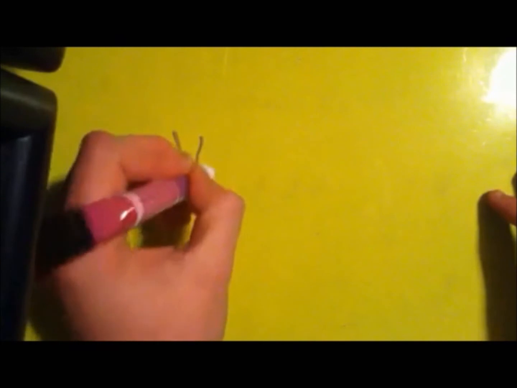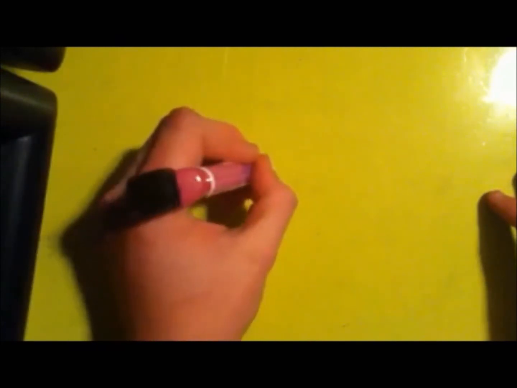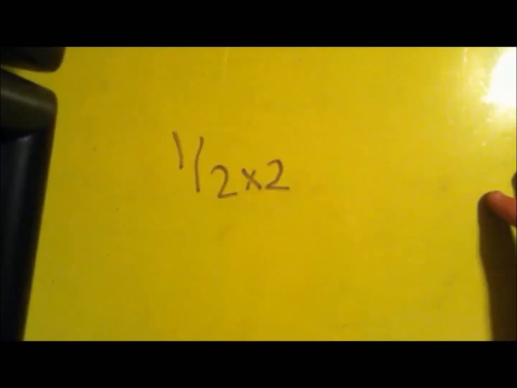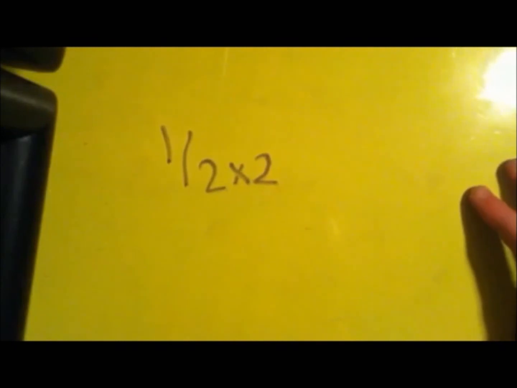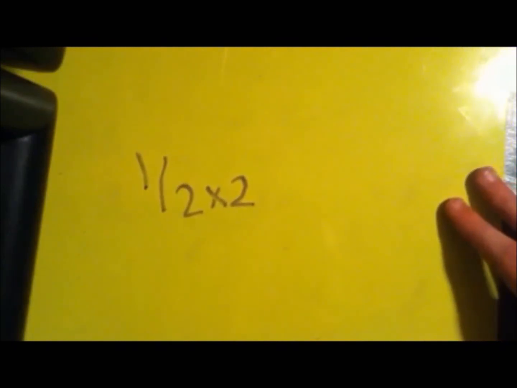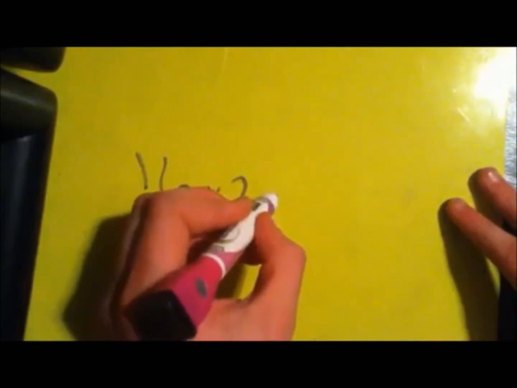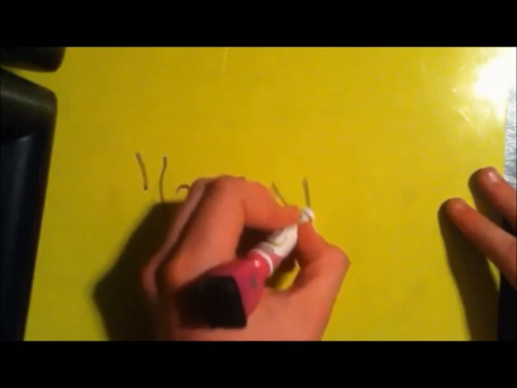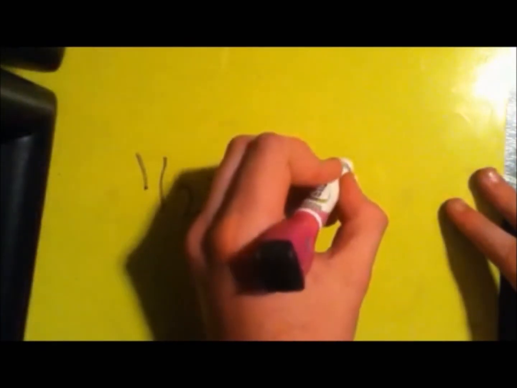Say you have an object that weighs 2 kilograms. So it's 1/2 times 2. That's 1/2 times the mass. And then you need to know the velocity. So say it's moving at 10 meters per second. So then you multiply that by 10, which is the velocity, squared.